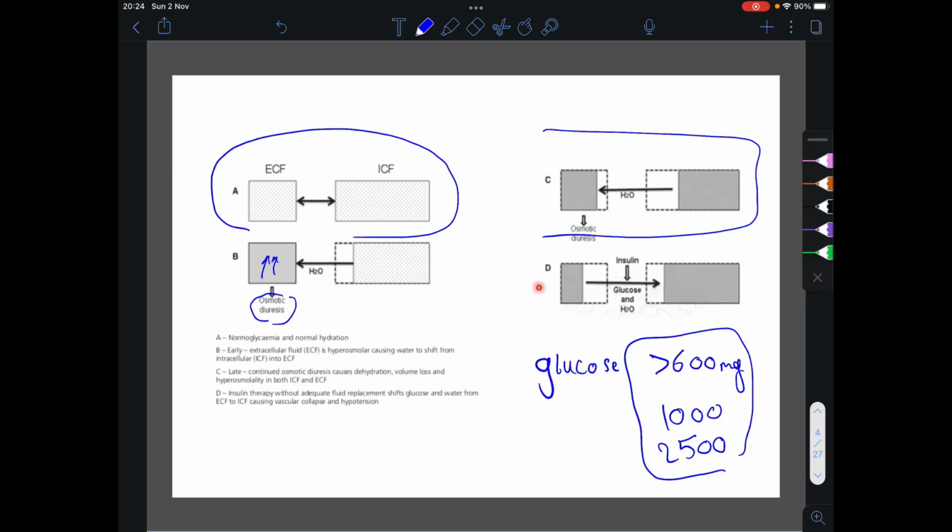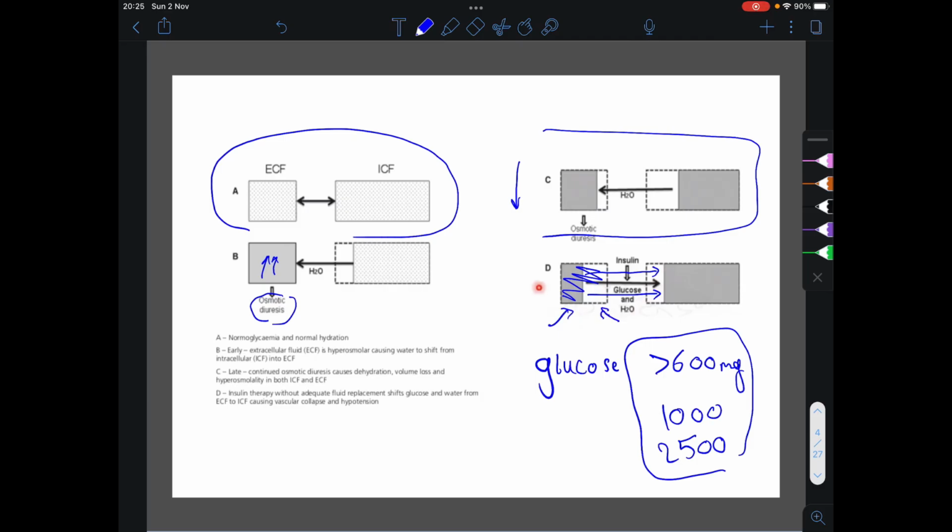The reason for this is that when the patient progresses in his condition, he will be volume depleted. Once you give insulin, it draws glucose into the cells, and that causes the intravascular compartment to be completely depleted of fluid, which can cause intravascular collapse and hypotension.